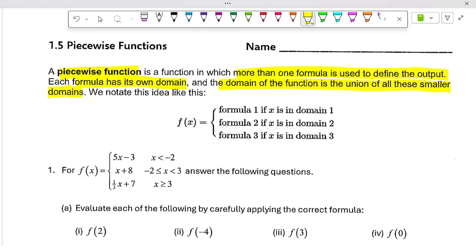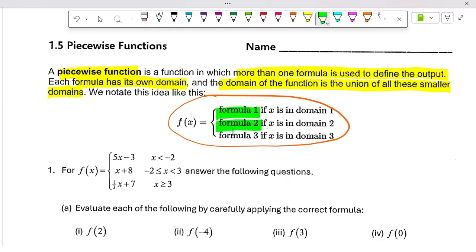Now, this right here is how a piecewise function will look. You'll see f of x and then this little squiggle. On the left side are your formulas. Those will typically look like how you normally see functions, like x squared plus 3, absolute value of x minus 2, whatever.